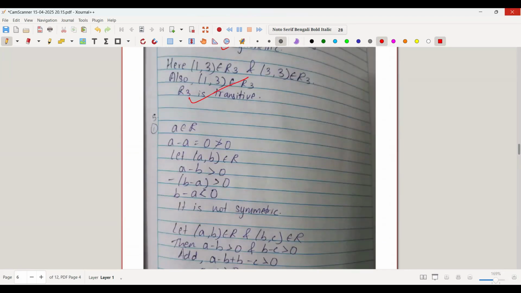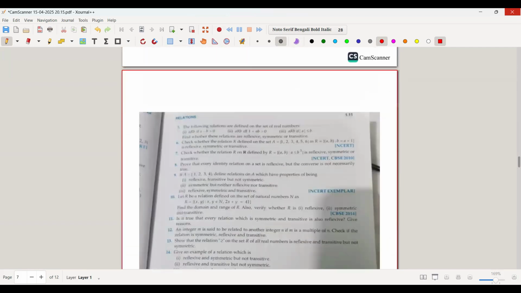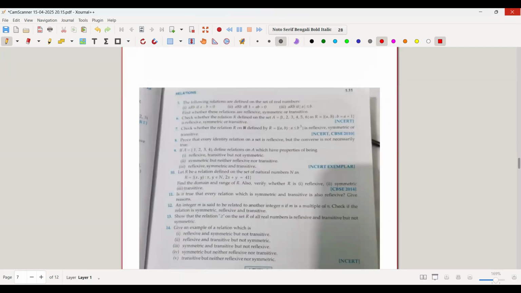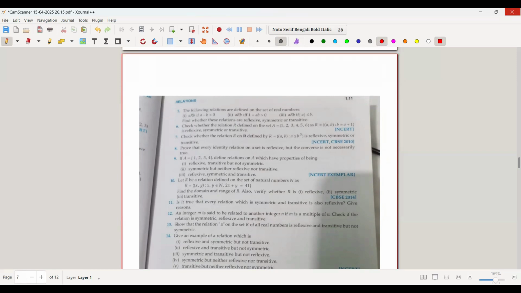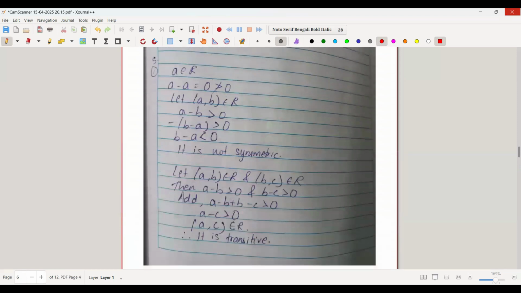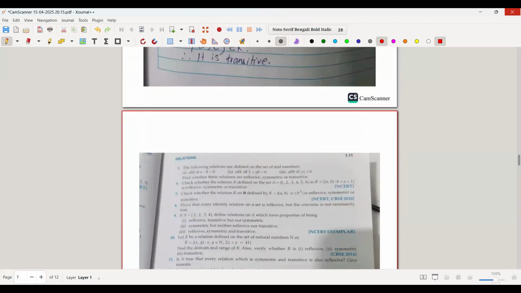Okay, so question number 5. The following relations are defined on the set of real numbers. One is A related to B if A minus B is greater than 0. Find whether these relations are reflexive, symmetric, or transitive.